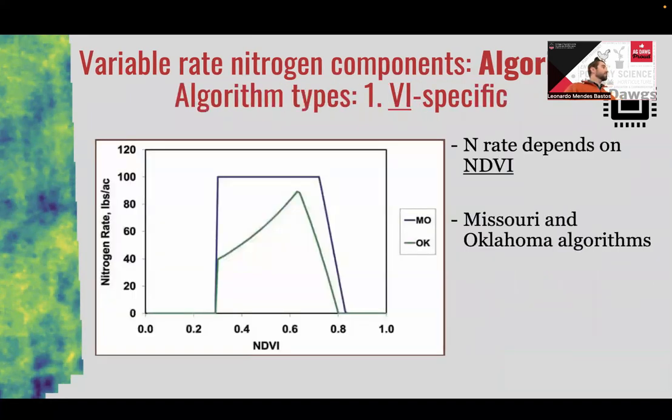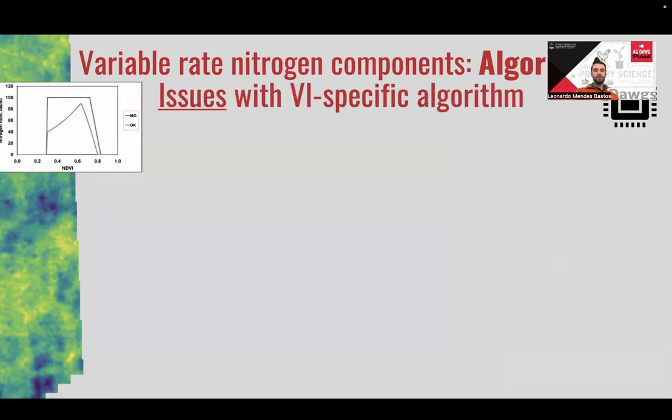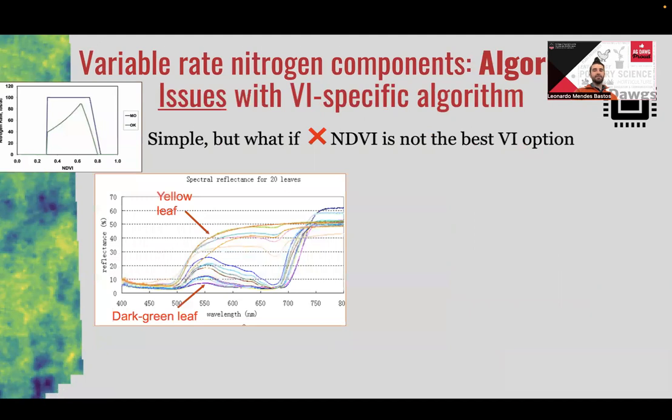So here we showed an example of two vegetation index specific algorithms, the one from Missouri and the one from Oklahoma. We can see how NDVI changes and how much nitrogen rate is being recommended. This was developed for NDVI, right? NDVI is what we have on the x-axis here. So we talked about, what if I have a different vegetation index?